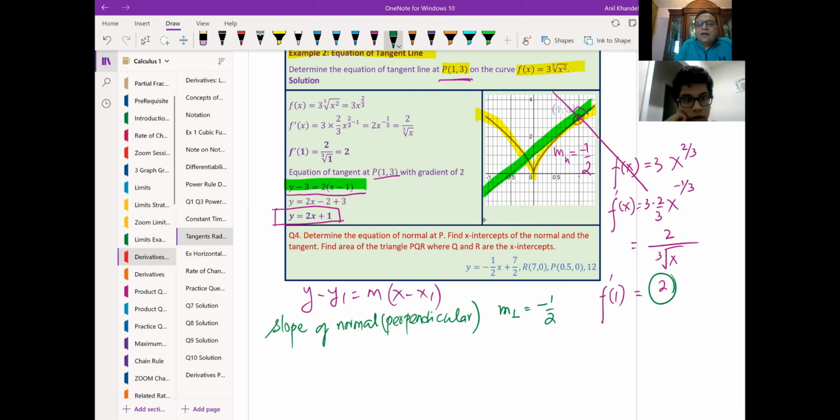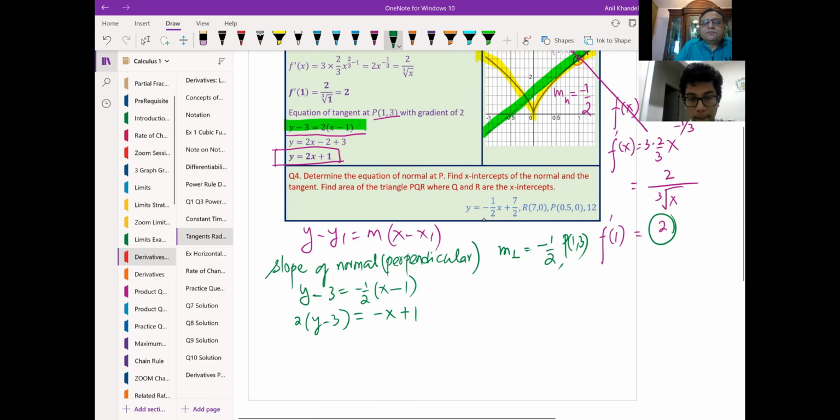Therefore, the equation of the line will be y minus, and we know the point still remains the same, which is 1, 3. So the equation will be y minus 3 equals slope, which is minus half, times x minus 1. Cross multiply: 2 times y minus 3 equals minus x plus 1.